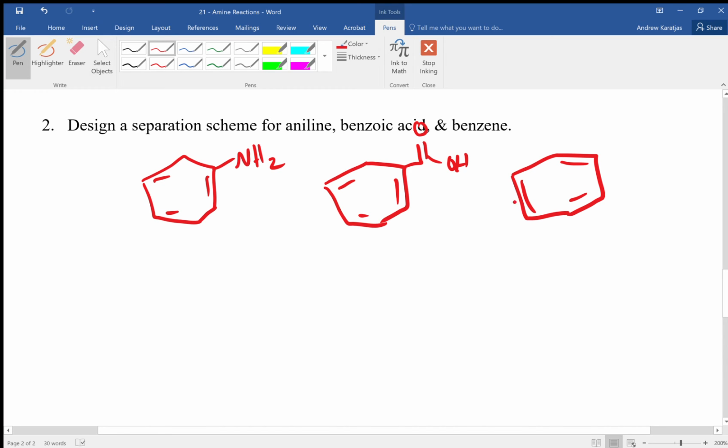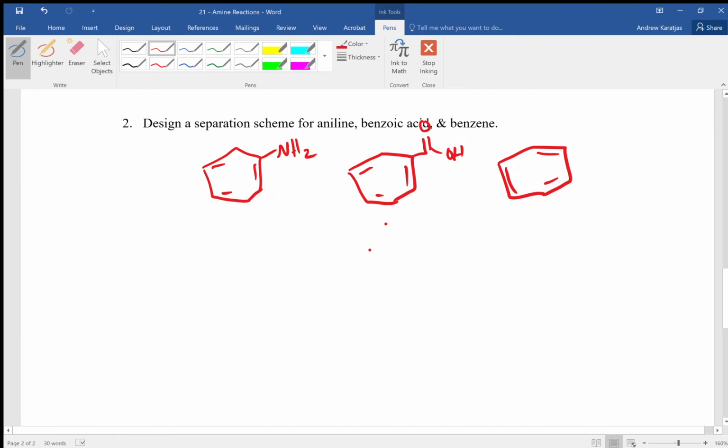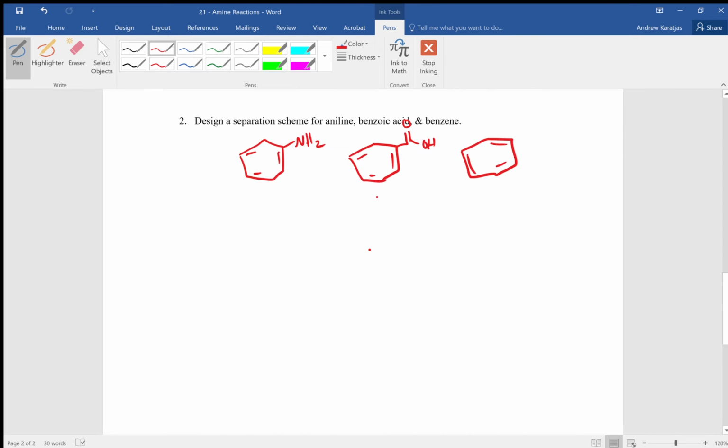And what we're looking for here is a way that we can separate them. Now, the first thing we might think about is what are they soluble in? Because that's the easiest way to separate them.